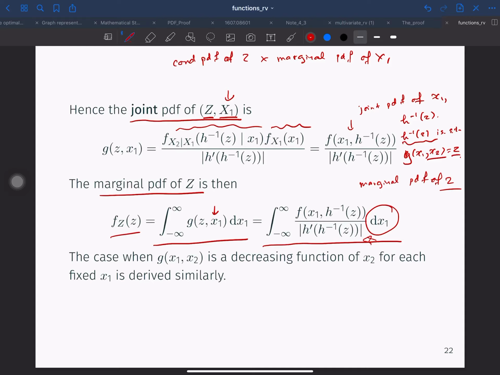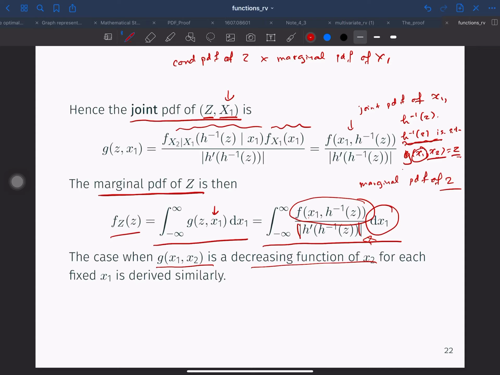That is the beauty: by applying the monotone transformation carefully, you can get the marginal PDF of some function Z by looking at the joint PDF of X1 and h inverse of z, because, as you will remember, h inverse of z is the inverse with respect to a fixed value of x1 for x2 at the value z. The case when g of x1 and x2 is decreasing can be derived similarly. That is why we put the absolute value here.